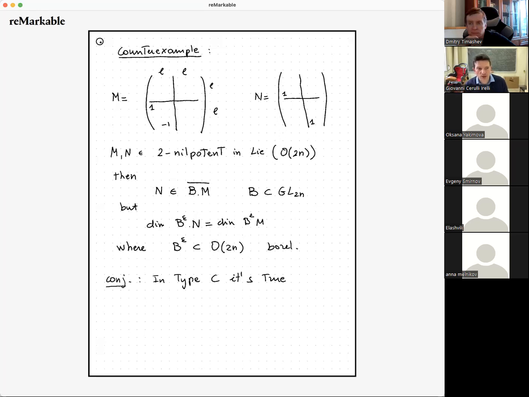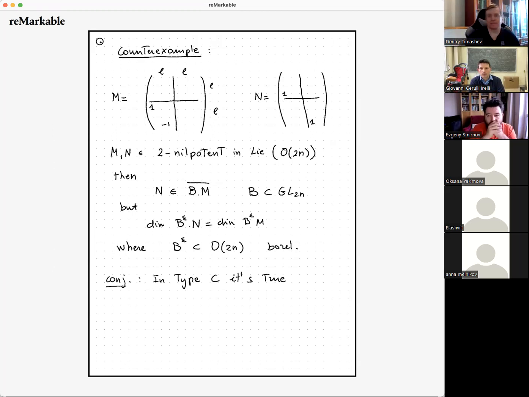I know that this is true, if we do not look at the whole orbit, but only at the part of the intersection with upper triangular matrices, then it is true. My student showed it. And moreover, in the orthogonal case, this is true for type B, 2n+1. It is also true. It is not true for D.